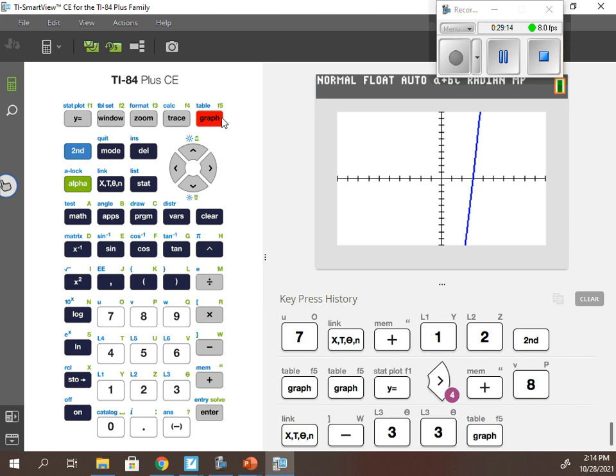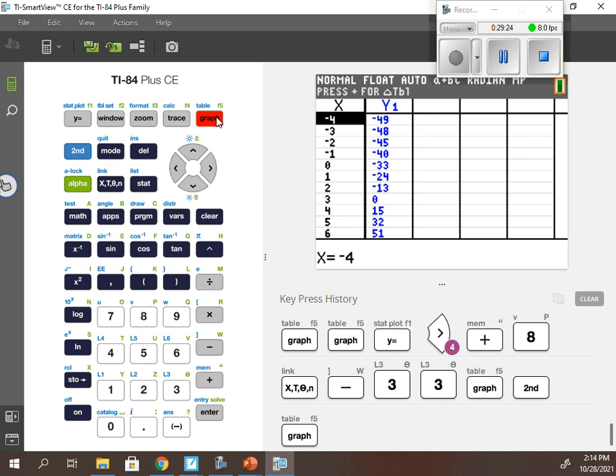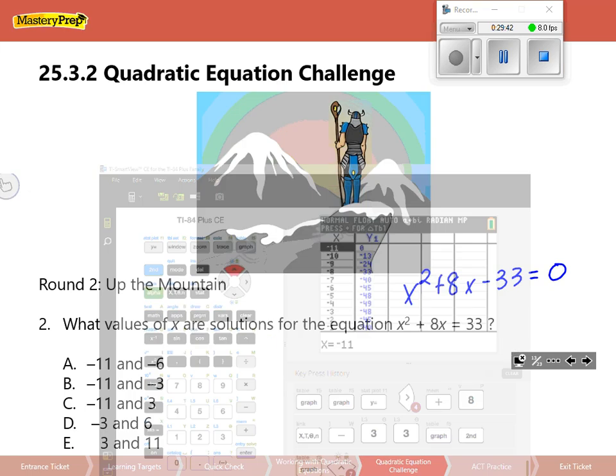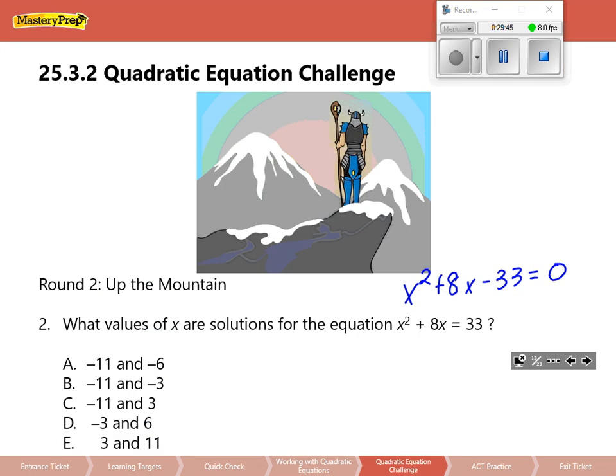Now we do see one of the solutions is at 3. So it's either going to be 3 and 11 or 3 and -3. So if we go second graph, 3 is a solution. And -11 is also 0, so 3 and -11 are the solutions. So the correct answer for this here is C.